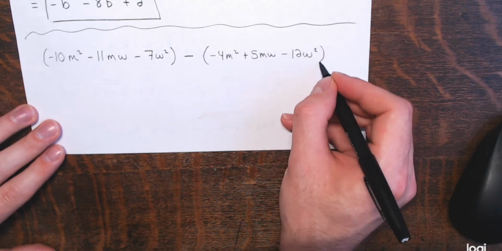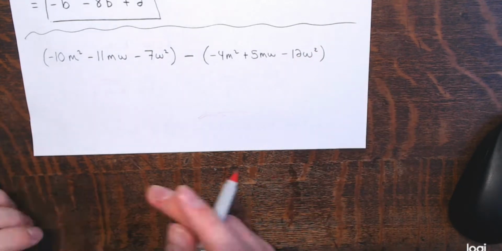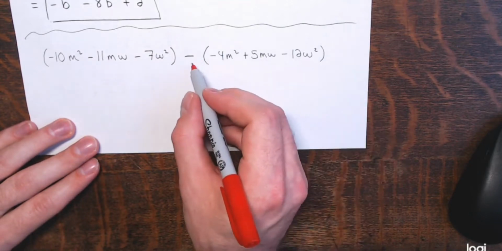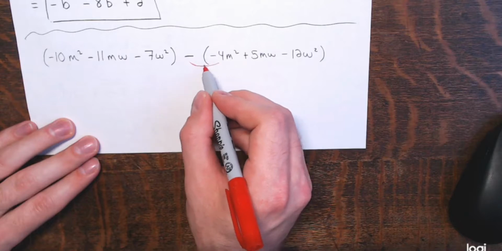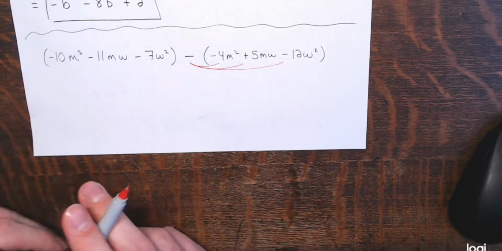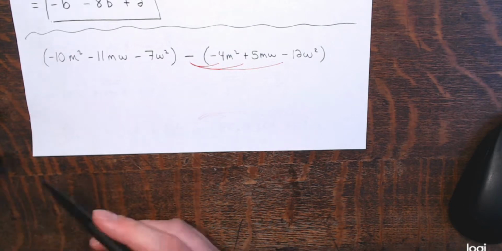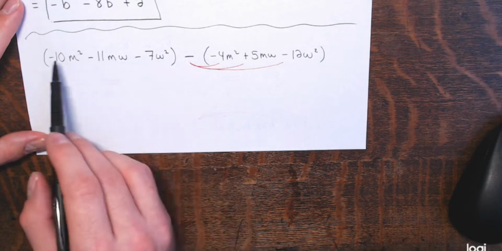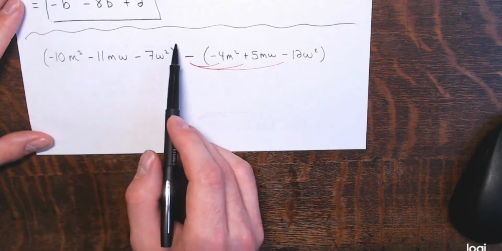And then just as I've been saying with all these subtraction problems, if you subtract something that has multiple terms like this, you're not just subtracting the first term, you're subtracting all those terms. So it's like you're distributing a negative 1. And there's no real need for the parentheses around this first polynomial because it's not being multiplied by anything or raised to any powers.